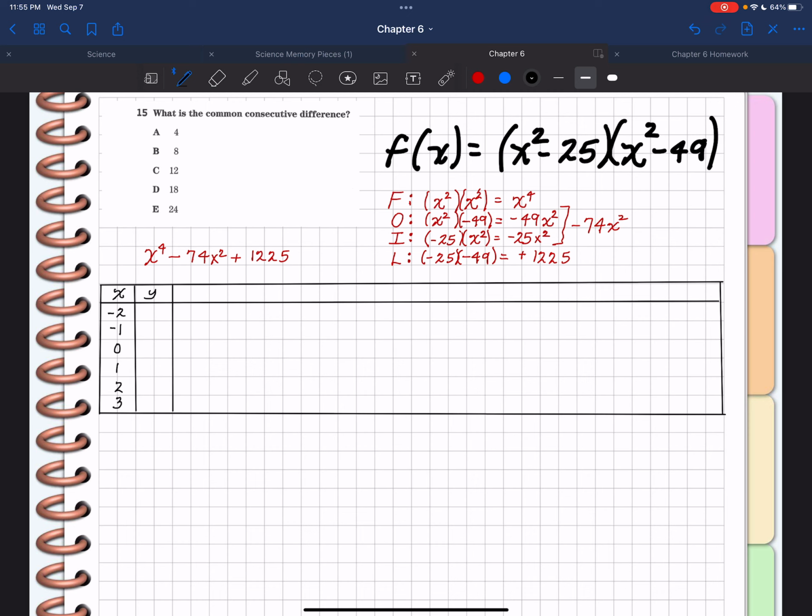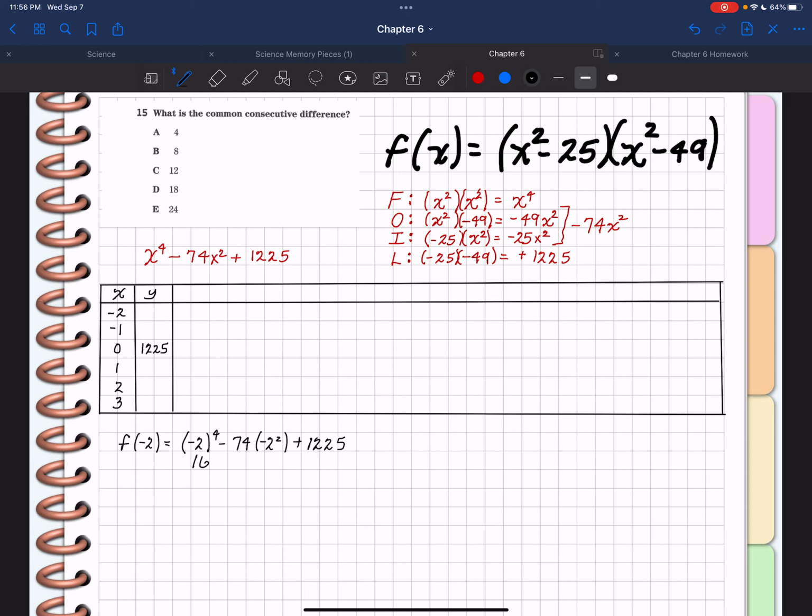And so I have f of negative 2 is going to be negative 2 to the 4th power minus 74 times negative 2 squared plus 1225. Now I know the 1225 can go there. Okay, here we go. Use your calculator if you need it. You're going to have 2 negative, the exponent key, and the 4th power.